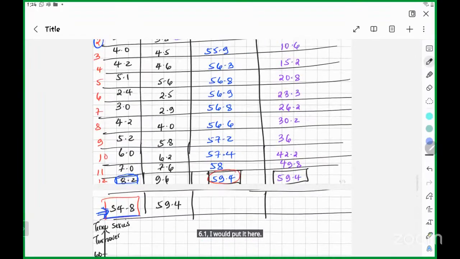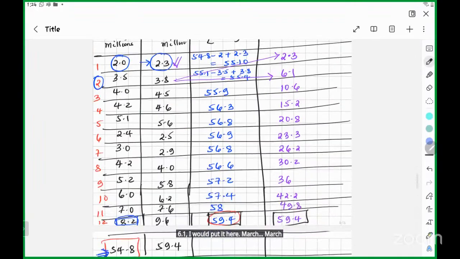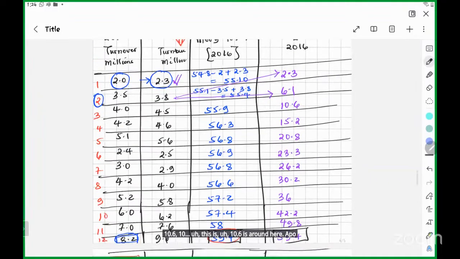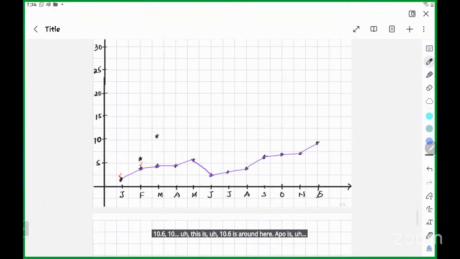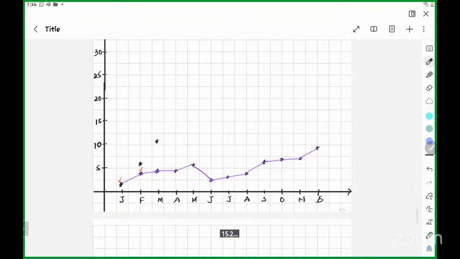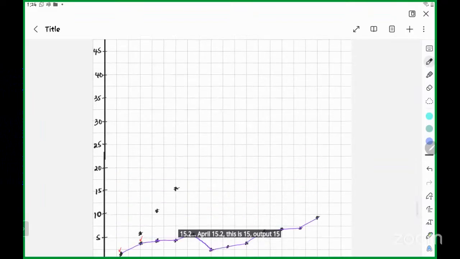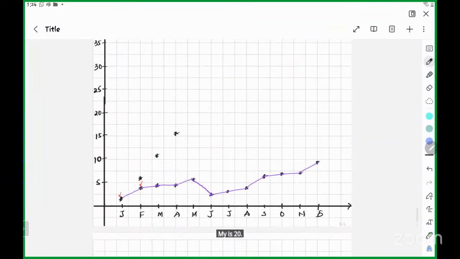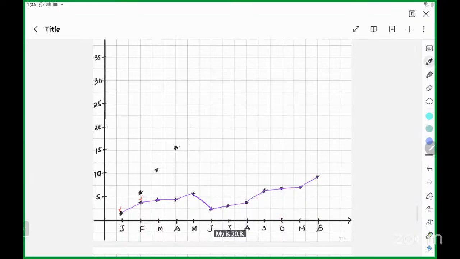March is 10.6. 10.6 is around here. April is 15.2. April 15.2, this is 15, I'll put 15.2 there. May is 20.8, around here.